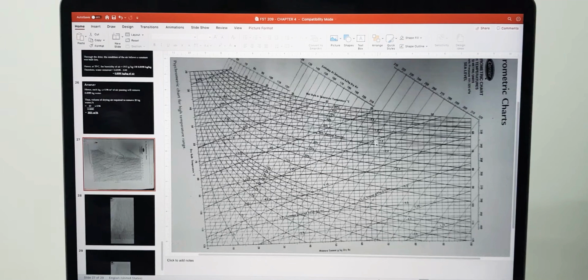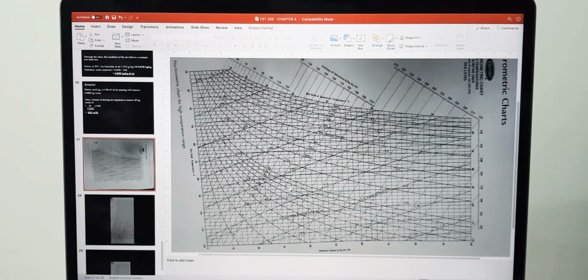Then we move on to the percent of relative humidity, which is the curvy line over here. Relative humidity is the curvy line. This value is at 40 degrees Celsius, 40%, and it moves down to 30%, 25, 20, then it goes to 15 and moving downward.